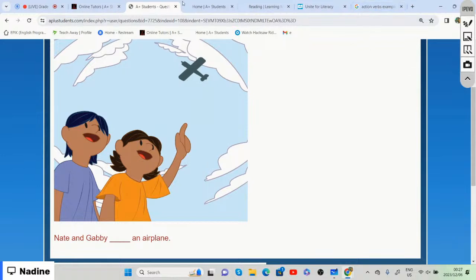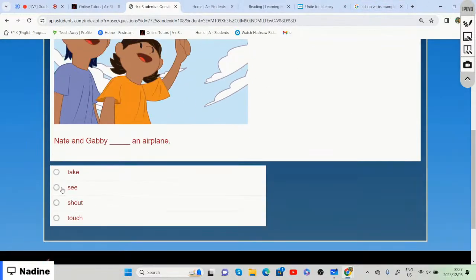So Nate and Gabby, right? Do they take an airplane? Do they see an airplane? Do they shout an airplane or do they touch an airplane? So look is almost correct. So what is a word that is similar to look? Is it take? Is it see, shout, or touch?